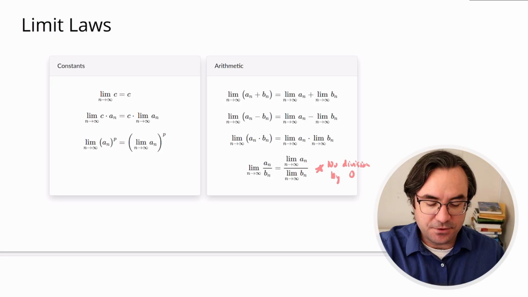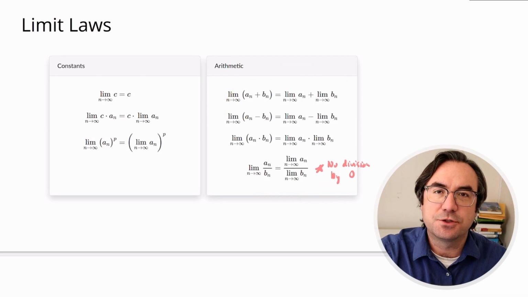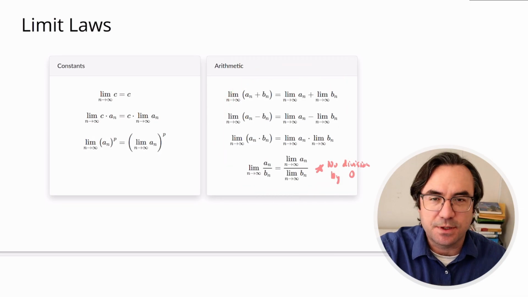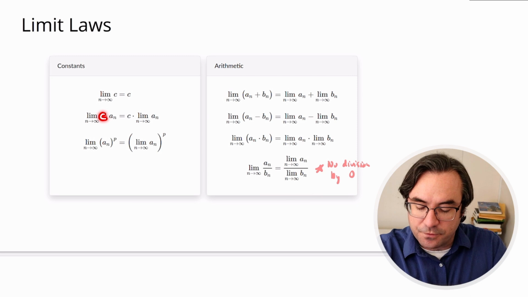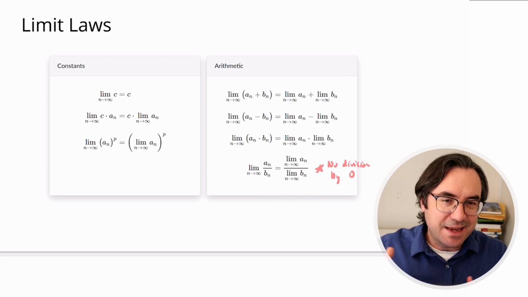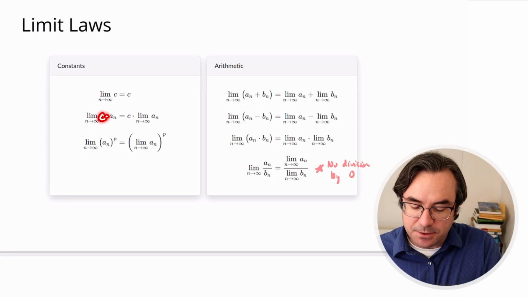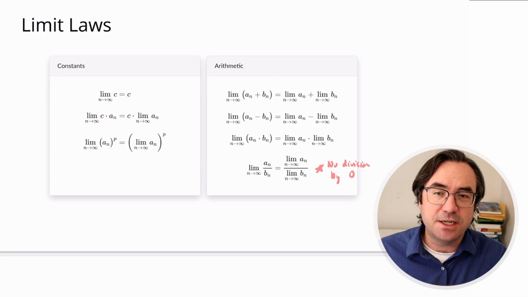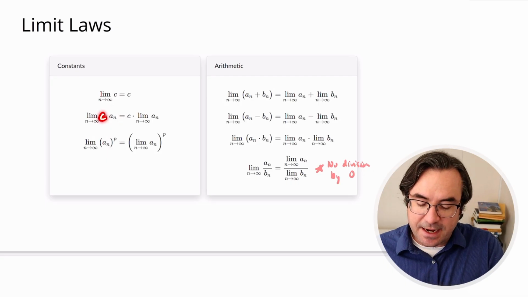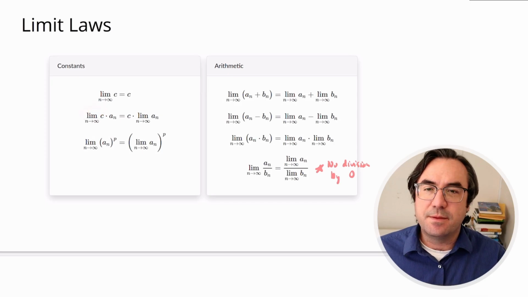Those are our algebraic operations: addition, subtraction, multiplication, division. We also have a rule for constant multiplication. Again, these are all things we've seen before. If we have a constant multiple c that's multiplying every term in our sequence, we can take that constant and move it out in front of the limit.